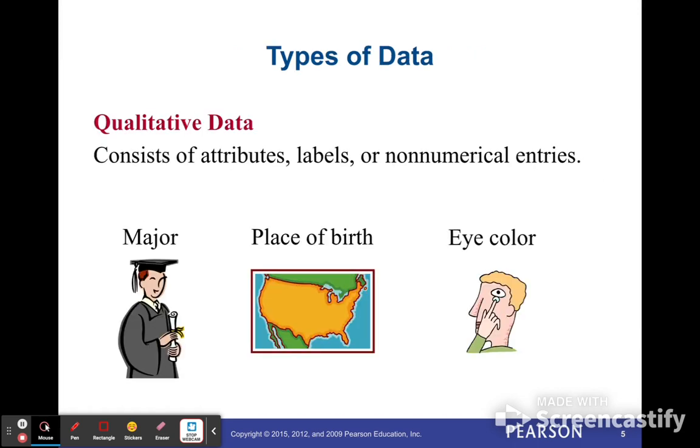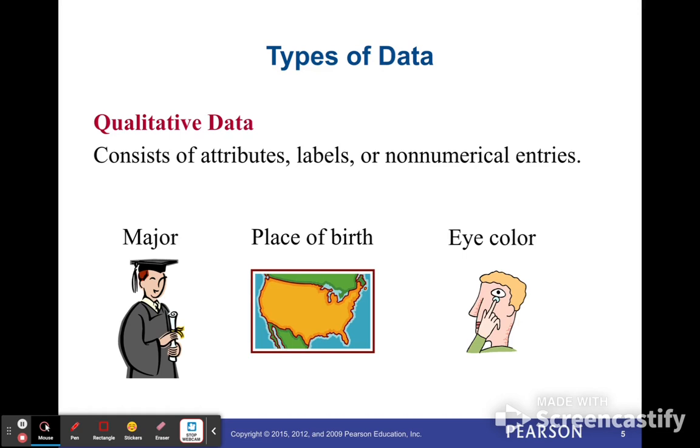When we speak of qualitative data, it's from the root word quality. You're simply talking about attributes, labels, or non-numerical entries. Anything that gives back to you an answer that is not a number, in most cases, is qualitative data.